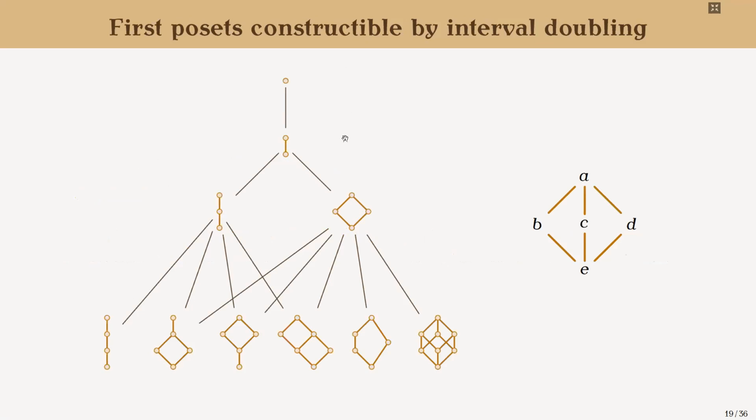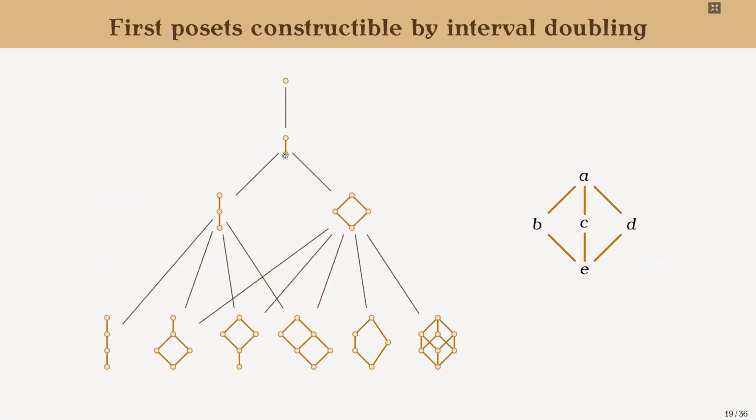And here I draw the first posets that we obtain with the doubling operation. If we start from the singleton lattice, we have, for instance, two choices. Either we double this element or this one, and we obtain this poset here.